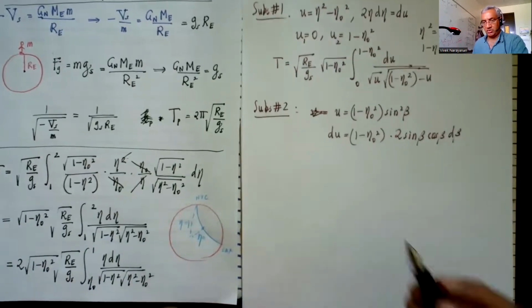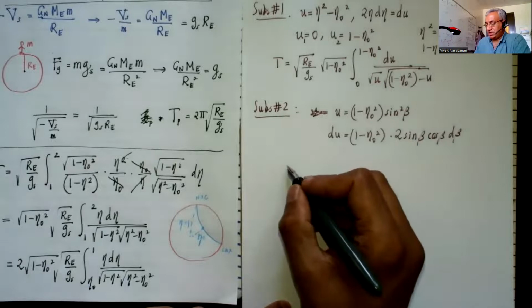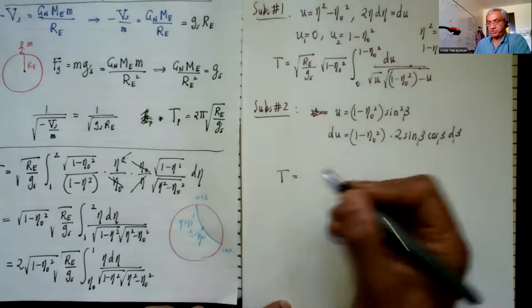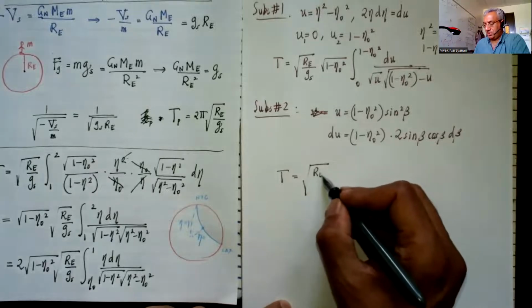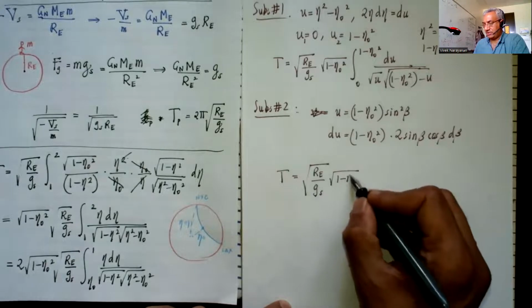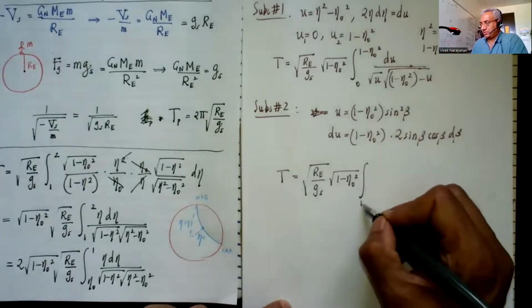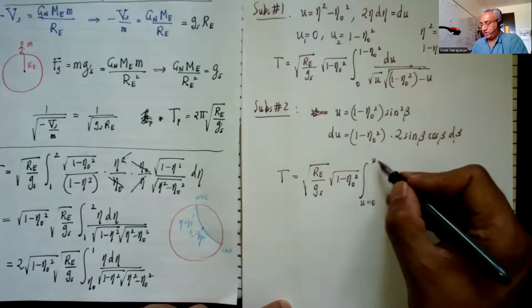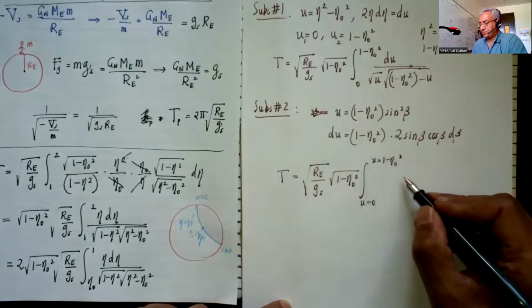Okay, so let me continue with this. The time integral t under these substitutions is the square root of r sub e over g sub s, square root of 1 minus eta naught squared. Now I'll keep u equals 0 to u equals 1 minus eta naught squared because I don't want to mess with the limits.